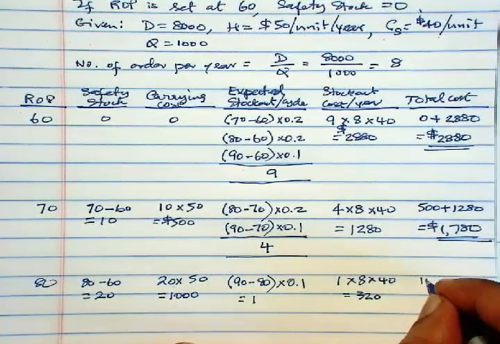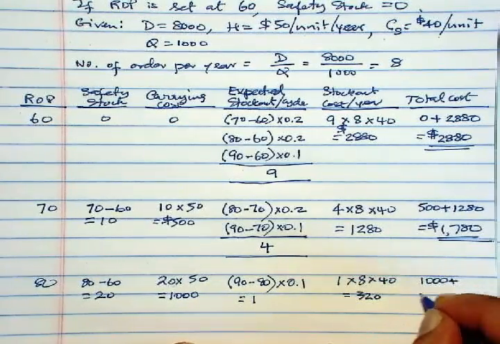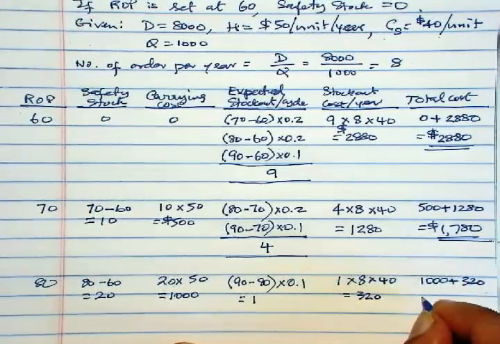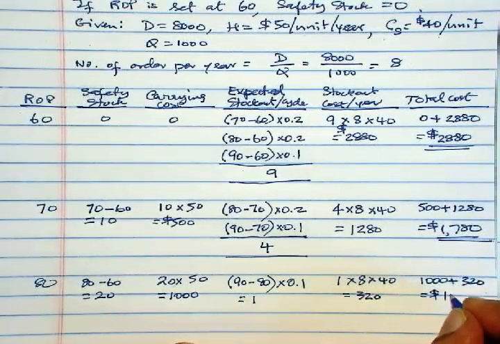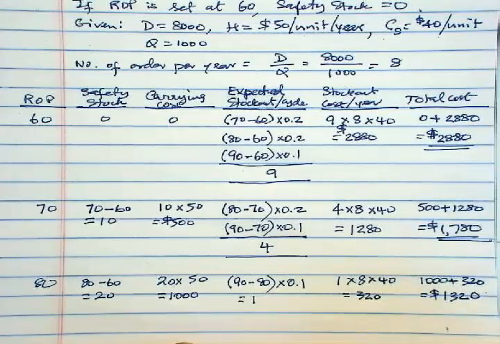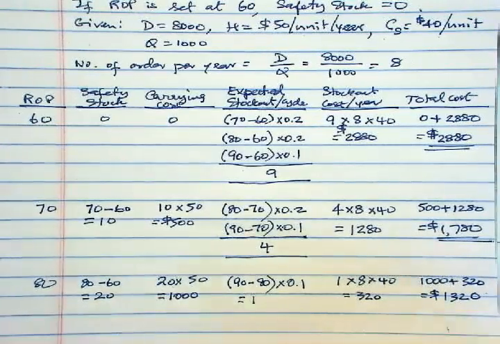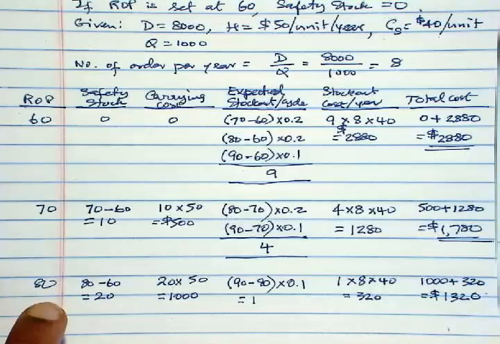So 1,000 plus 320 will give you 1,320 as the total expected cost if we set the ROP at 80.